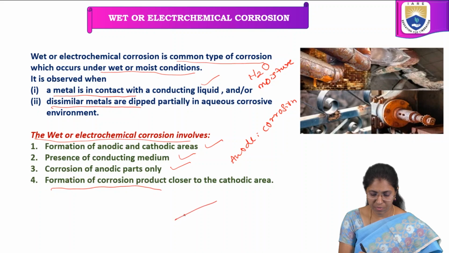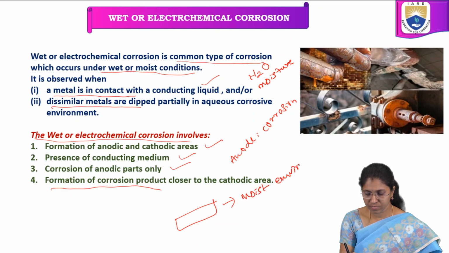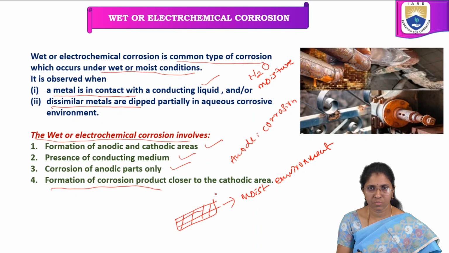If we take one metal and place it in a moist environment, it will undergo electrochemical corrosion because of moisture. Some parts of this metal act as anode and some parts act as cathode.